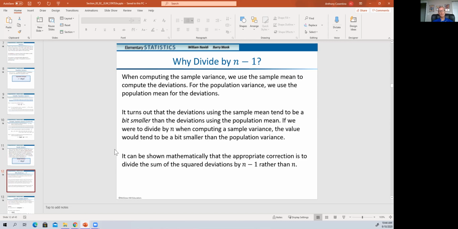So you'll see in some of the homework in this section, it'll ask you to calculate population variance or sample variance. Just make sure you use the right equation. The bottom line is, for population, you divide by n, the total samples, and for sample, you divide by just n minus 1.